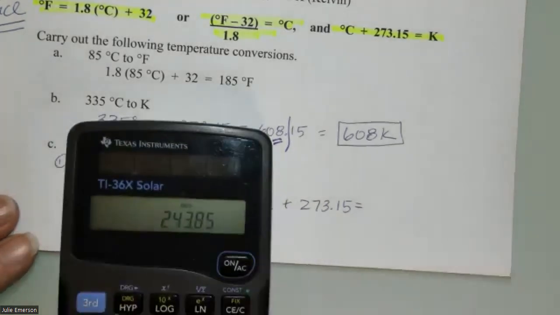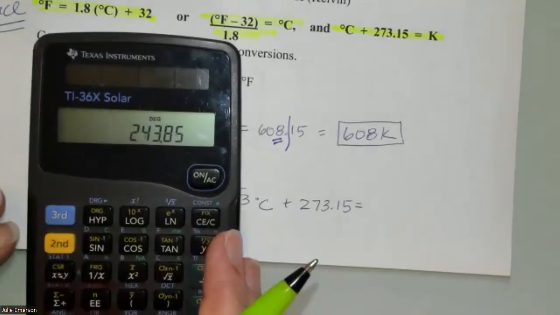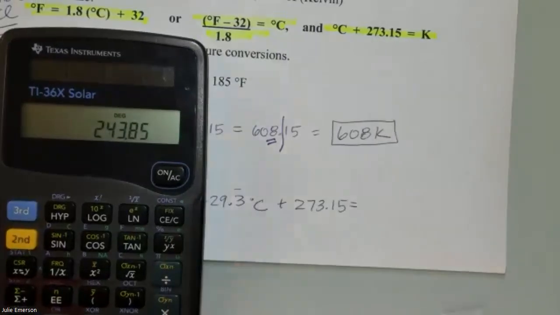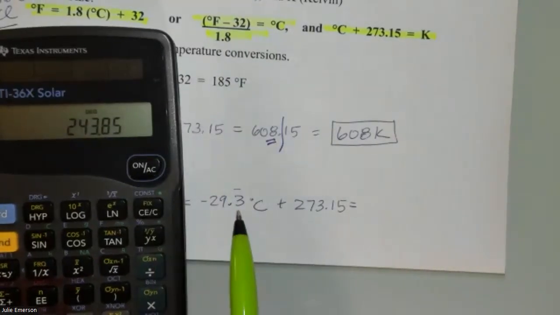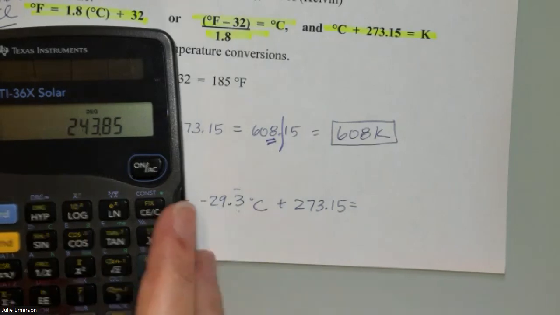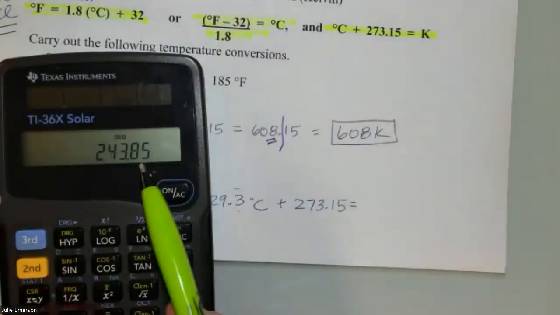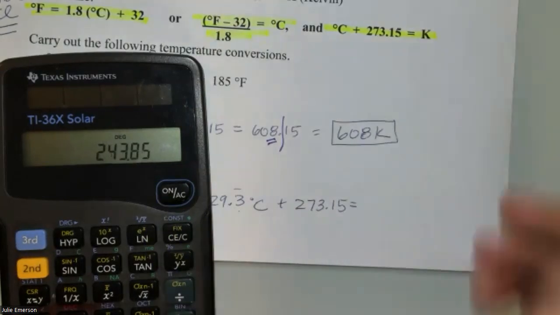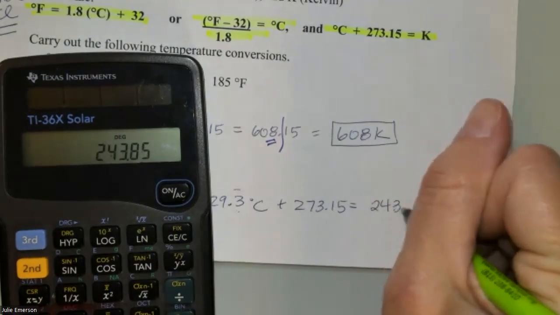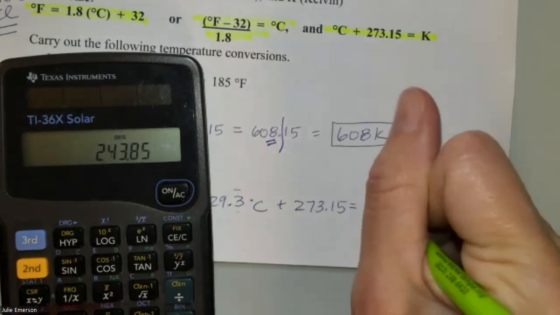All right, so the calculator gave me 243.85. Because I'm only going to 1 decimal place, the tenths place, because that's where we started, I'm going to round that to 243.9. So this will be 243.9 on the Kelvin scale.